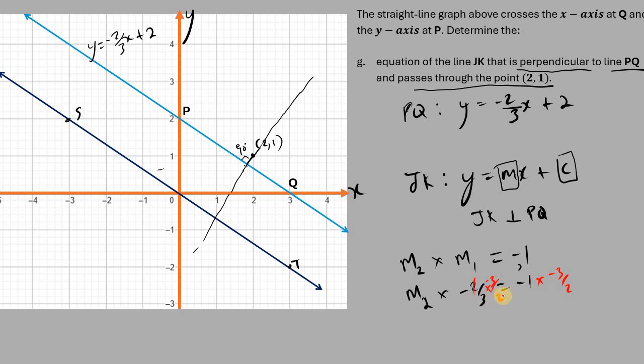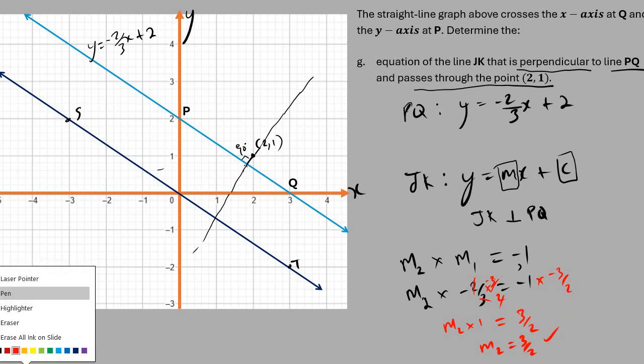The 2's cancel, the 3's cancel, and negative times negative is positive. So that's M2 times +1, and 1 times 3/2 is still 3/2. So M2 equals 3/2.